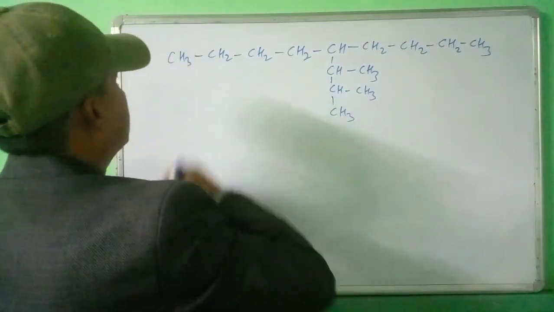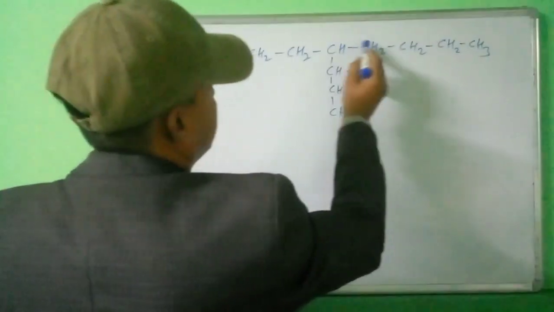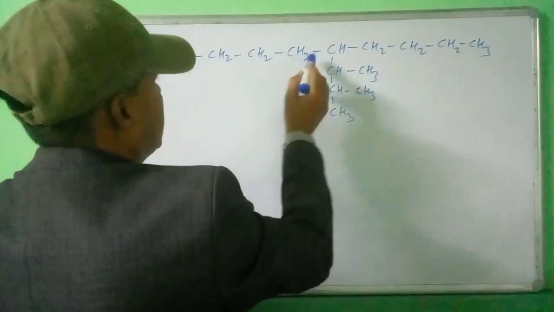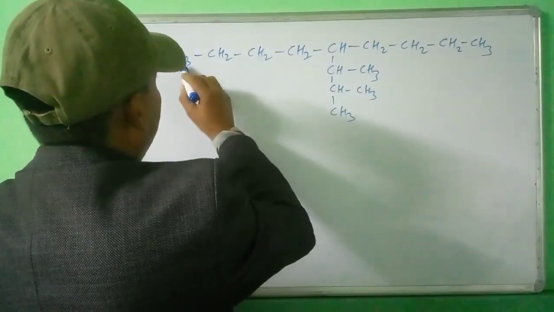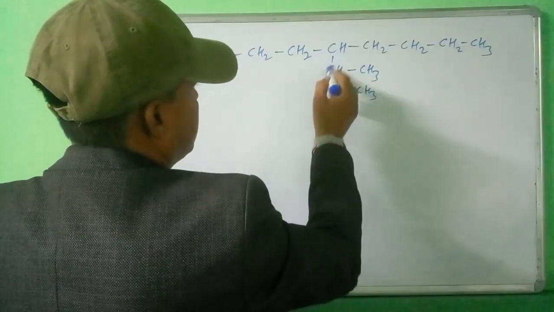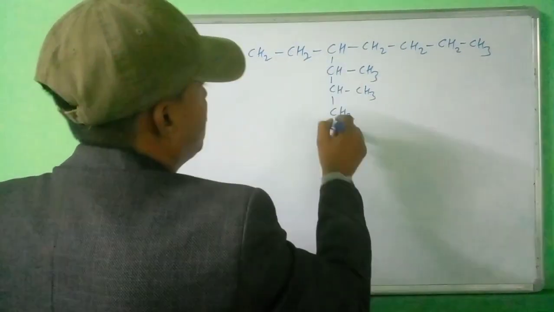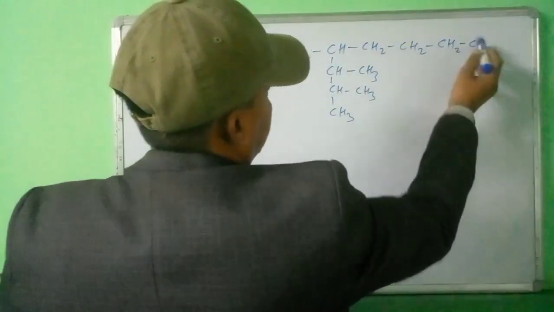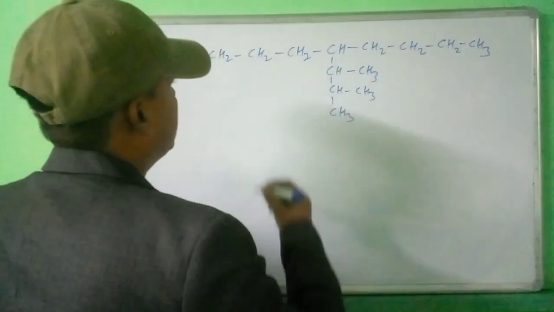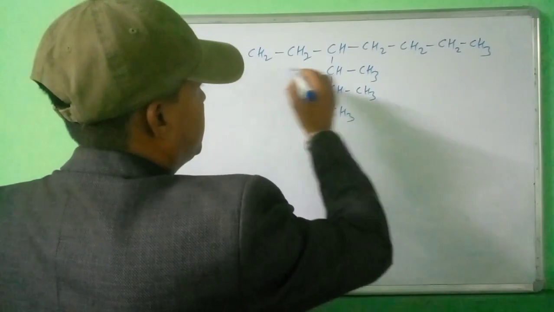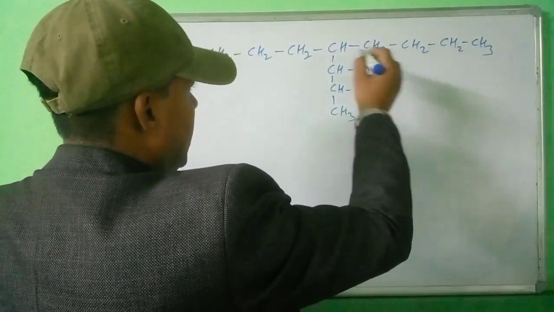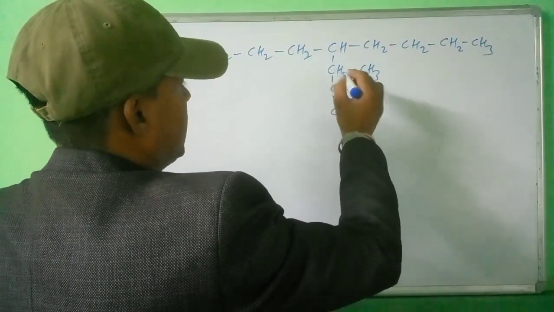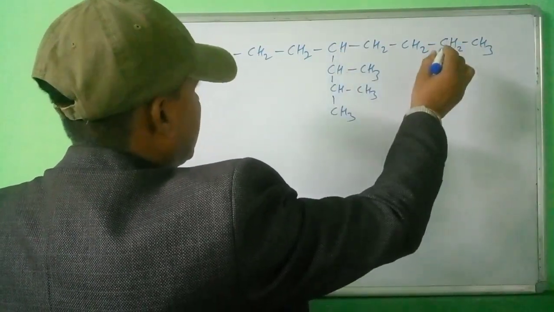So now count the carbon: 1, 2, 3, 4, 5, 6, 7, 8, 9. So the straight chain has 9 carbons. Now in the bent shape we can also check: 1, 2, 3, 4, 5, 6, 7, 8. So in the bent shape only 8 carbons. If the number of carbons in the straight chain and the bent shape is the same, then always prefer the straight chain.